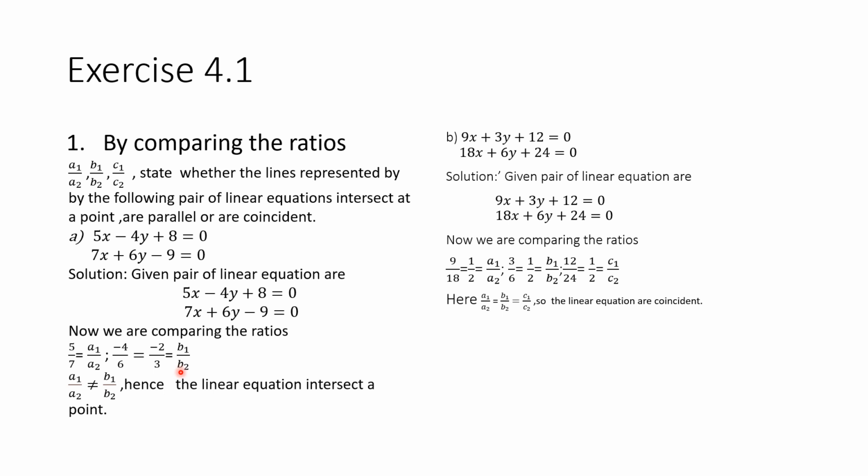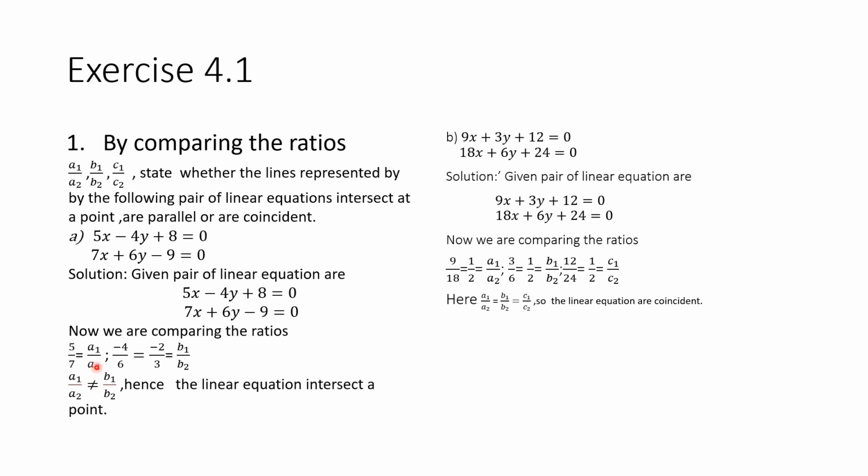Here I am converting this fraction into its simplest form by cancelling 4 and 6 using the table of 2. 2 twos are 4 and 2 threes are 6. So I get minus 2 by 3 as b1 by b2.